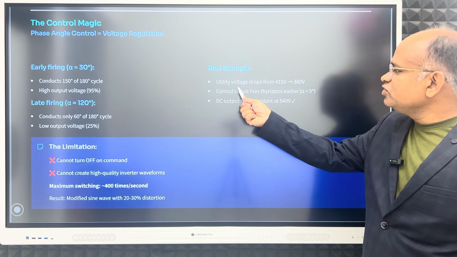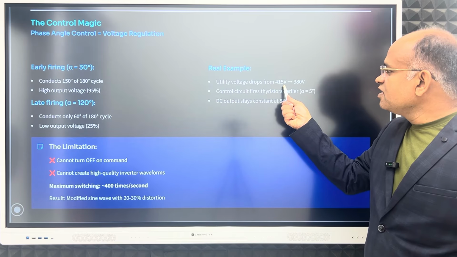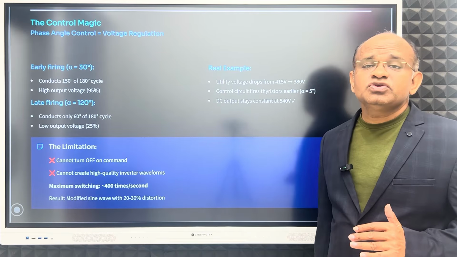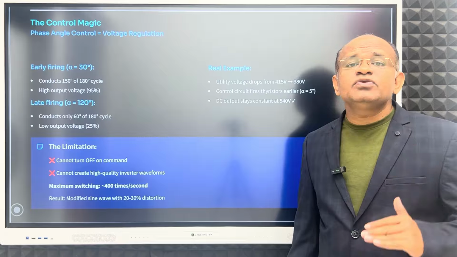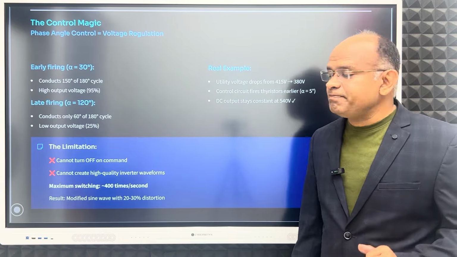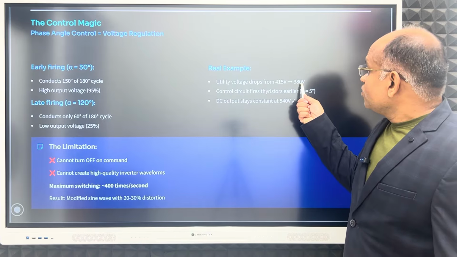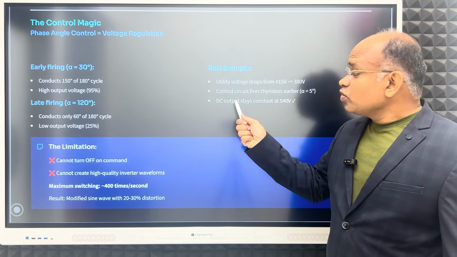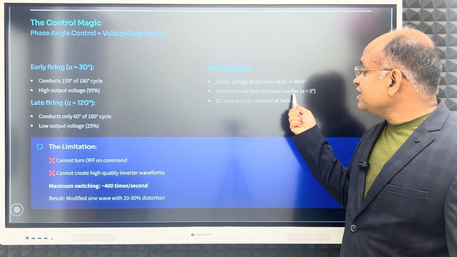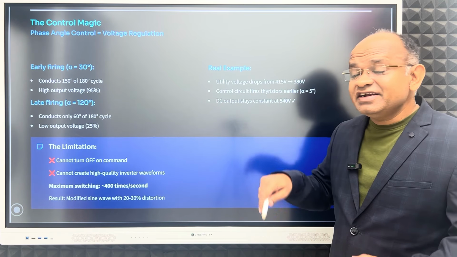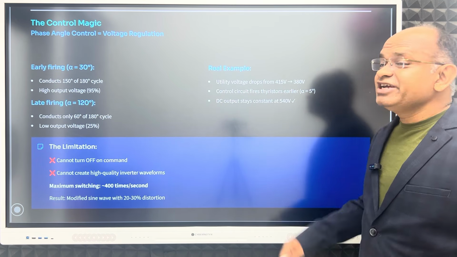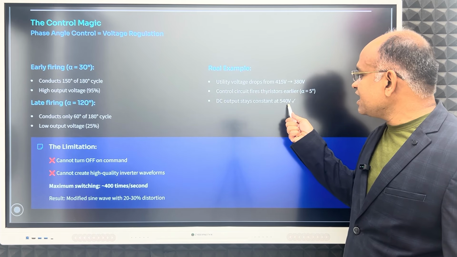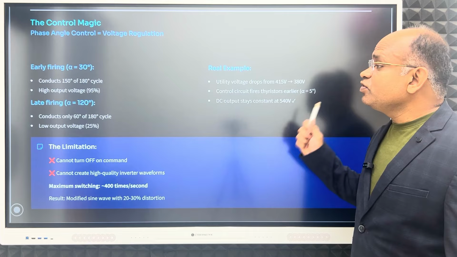Now a real example: utility voltage drops from 450 volt. Before this, what used to happen? If utility voltage dropped, there was a problem. Then what happens? It drops to 380 volt. Now the control circuit fires the thyristor early, at 5 degrees. Then the DC output stays constant at 540 volt.